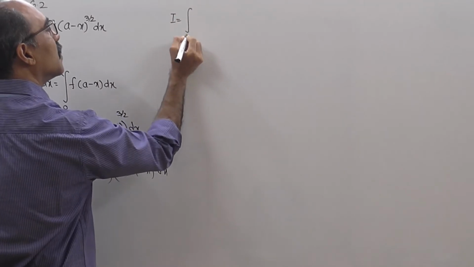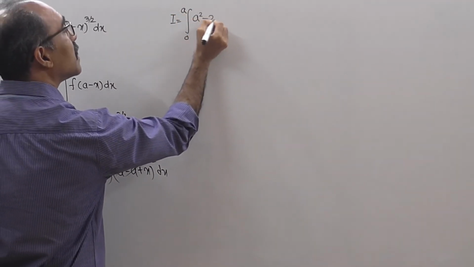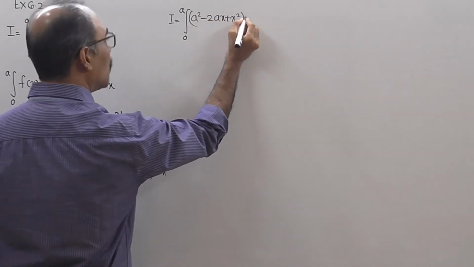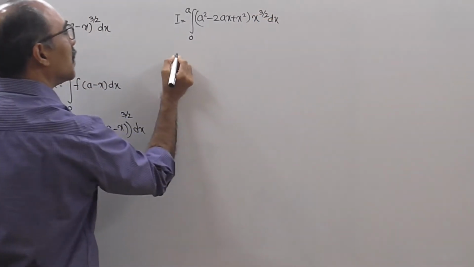We get I equal to integration 0 to a, a square minus 2ax plus x square, the whole multiplied by x raised to 3 by 2 dx.